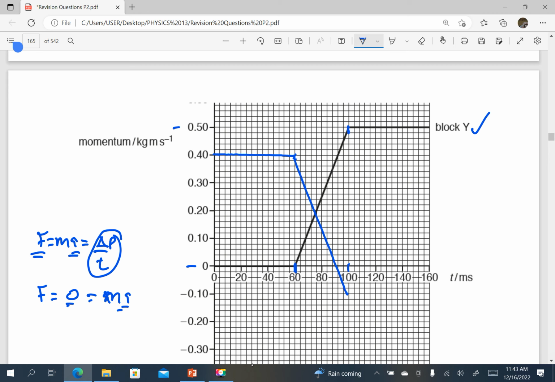Negative 0.1. And when the other one remains constant, even this one remains constant. So we shall have a horizontal line. Okay, so this is going to be the graph.